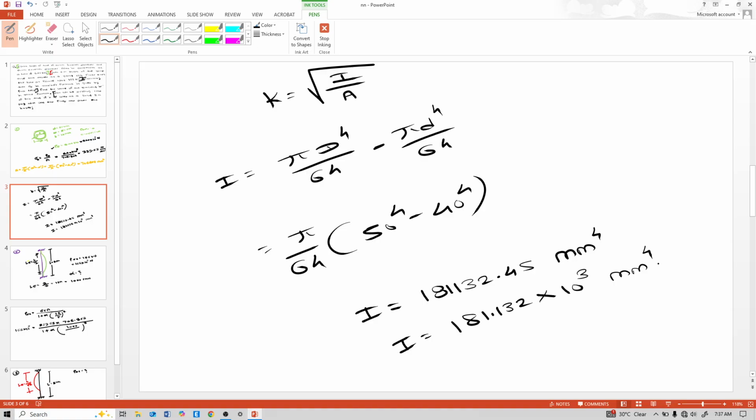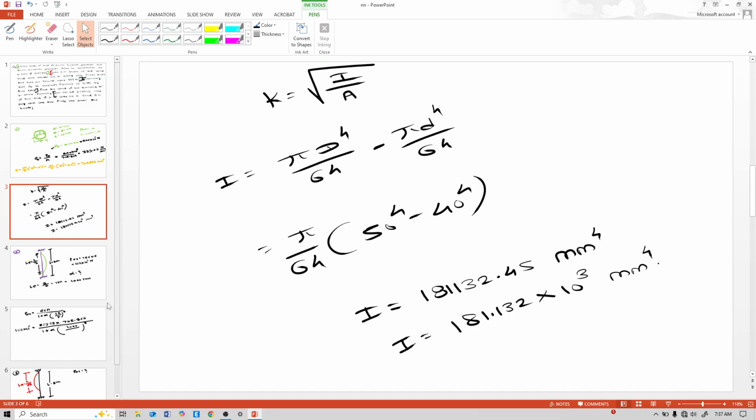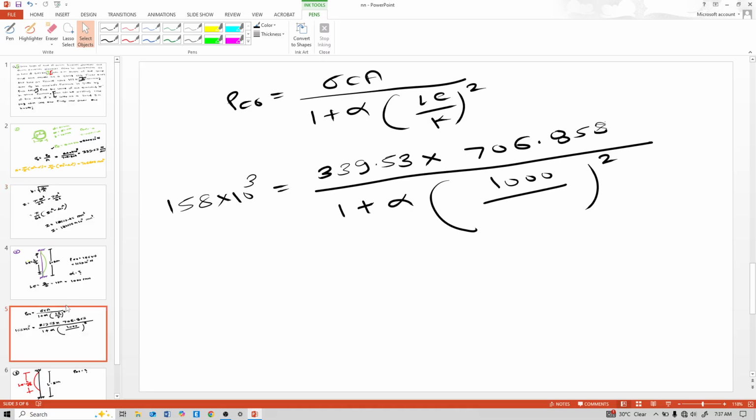Calculate this again. Pi by 64 into 50 raised to 4 minus 40 raised to 4. It is 181,132.45. Yes, it is correct. Now put this here. Now using the engineering calculator, calculate this alpha.